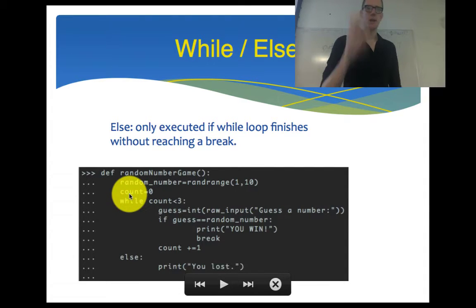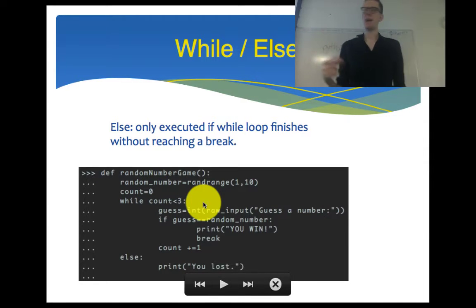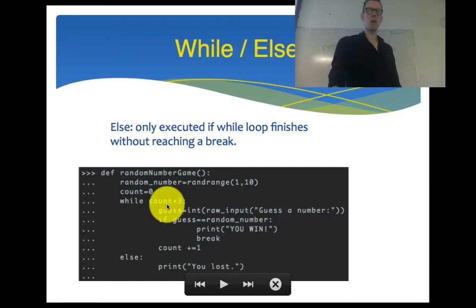What I do is I then start with a count set equal to 0, and this is going to be how many guesses the user has had so far. While that count is less than 3, so I'm going to give them 3 guesses, let's store their guess as an integer, so convert whatever they type to an integer in case they type some decimal number. It's going to be very hard to guess numbers on the real numbers.